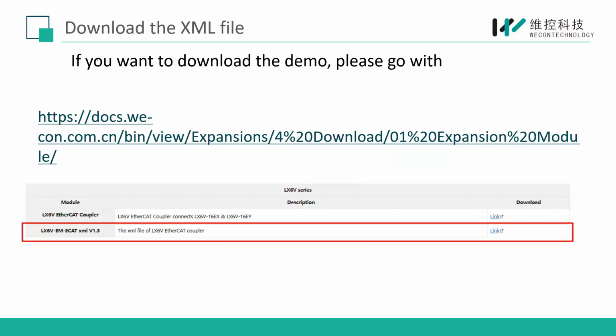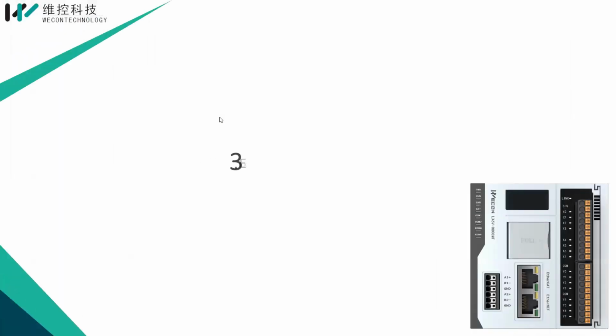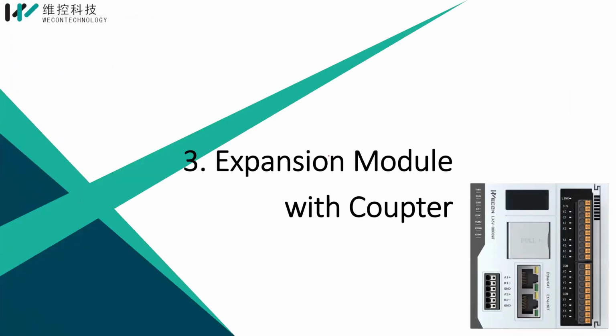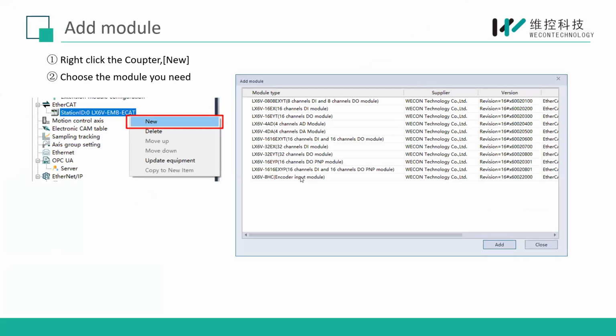And if your PLC software is too old and you don't have the XML file in your software, you can download it from our Weekend support center. And the expansion module with the Capture is just like the module usage I told you in the first topic.